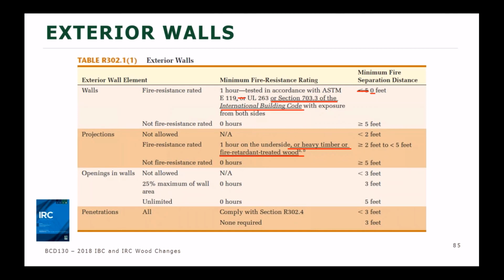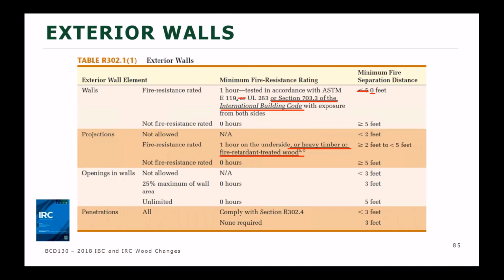Openings are similar, although their limits are at 3 feet rather than the 2 feet and 5 feet. And you're basically not allowed to have an opening in the wall if the wall is less than 3 feet from the lot line. When you have 25% of the wall with openings or less, then you need to be at least 3 feet from that lot line.